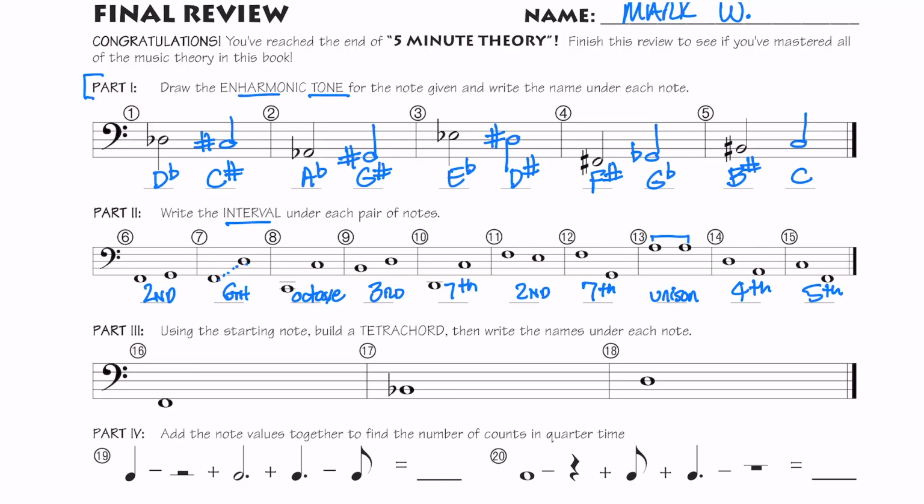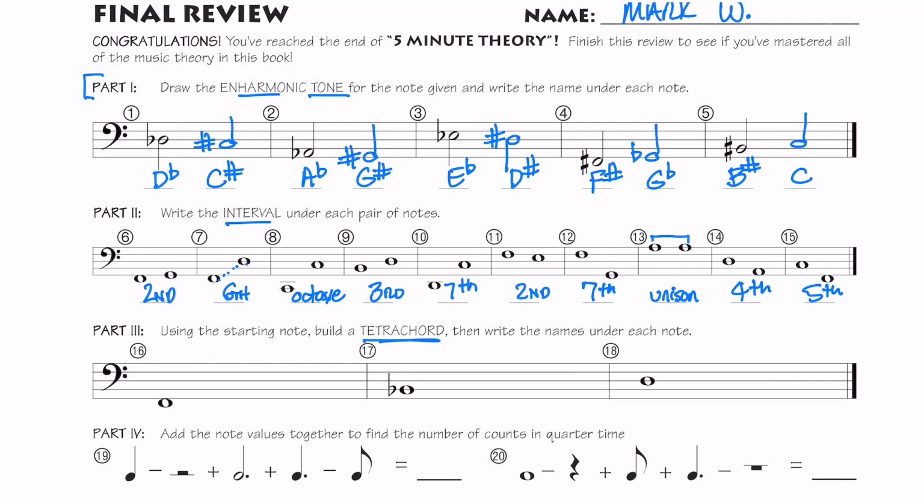Part number 3, we're building a tetrachord using a starting pitch. So, do you remember what a tetrachord is? Tetrachord is 4 notes that have a pattern of whole step, whole step, half step. So I have to have the keyboard in my head, and I have to be able to start on a pitch and name those notes and draw those notes in here.